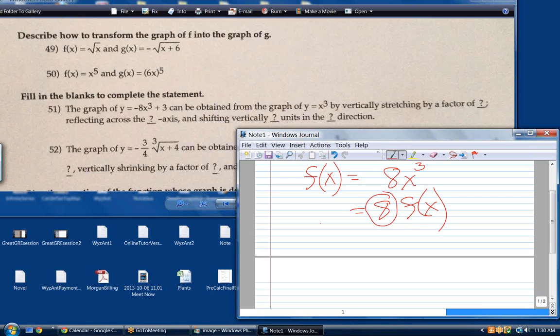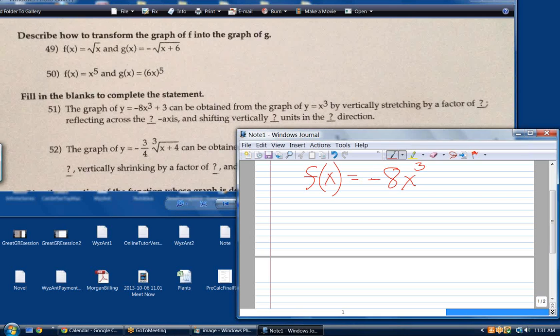That's a vertical stretch factor. In other words, it's not f of 8x. It's 8f of x. You see the difference? If this number is in front, in other words, if we're looking at something that is some number times f of x, it's a vertical stretch or shrink. So that's the first thing we know, is we have a vertical stretch by a factor of 8.